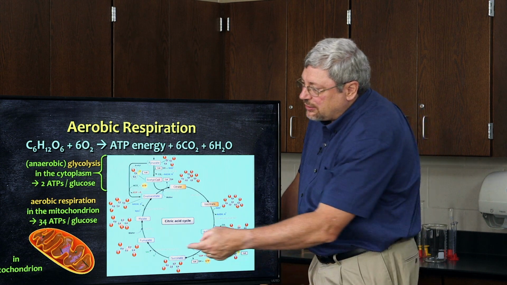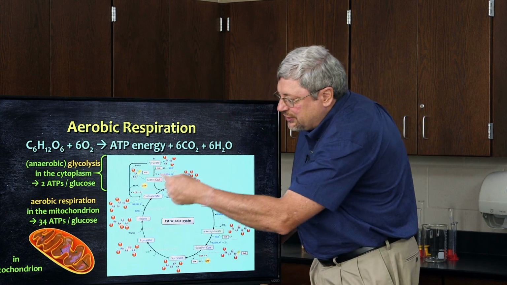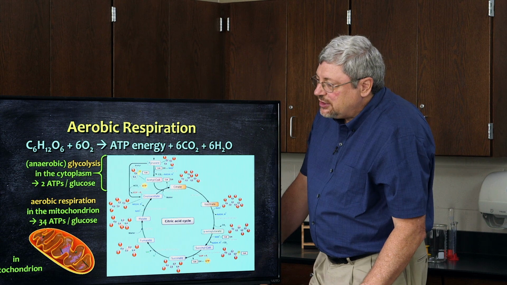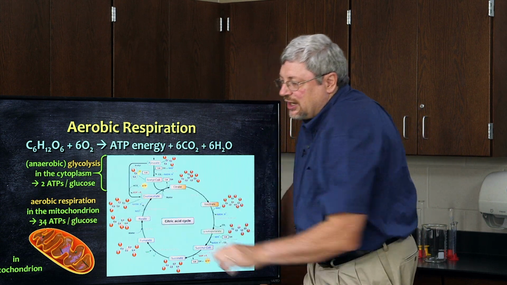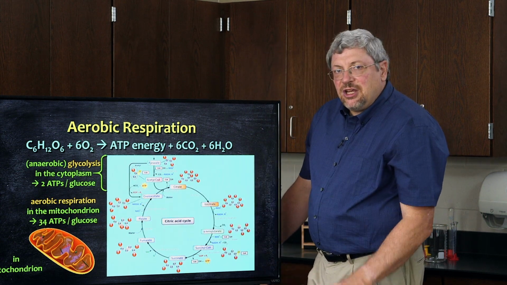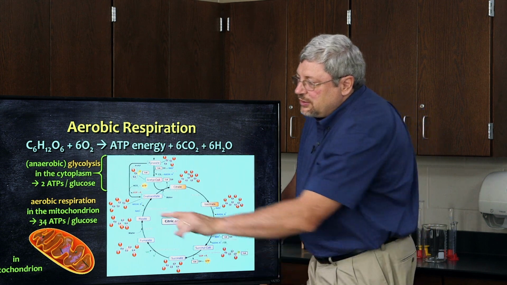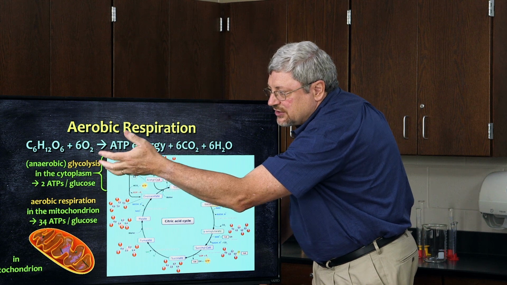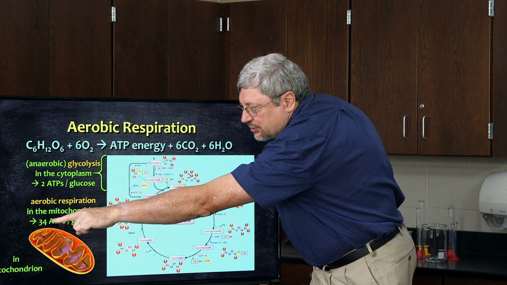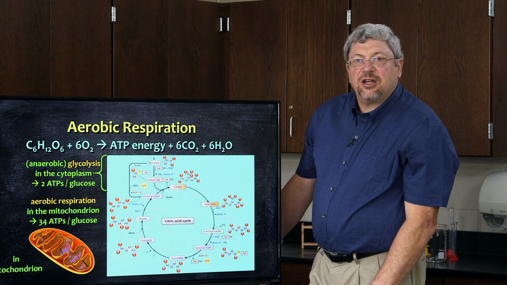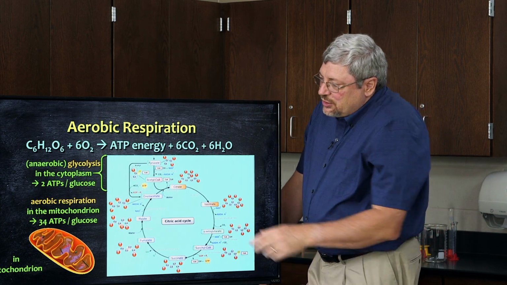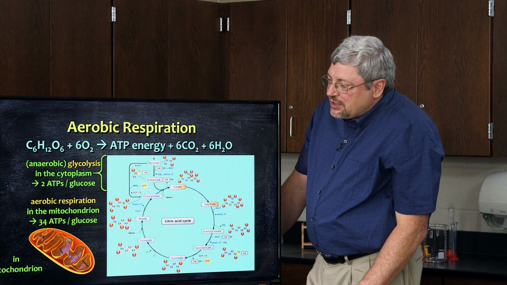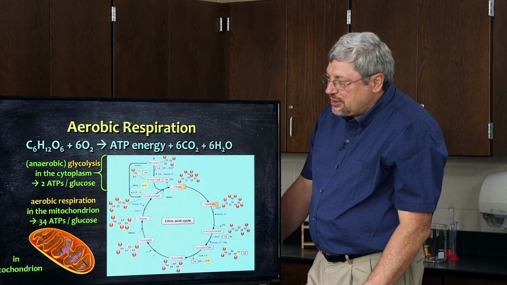In the process of aerobic respiration, when you go around this citric acid cycle, you extract 34 ATPs out of each glucose molecule. You only got 2 in glycolysis, the process that occurs in the cytoplasm. You get 34 inside the mitochondrion. So you get a total of 36 ATPs in aerobic respiration.